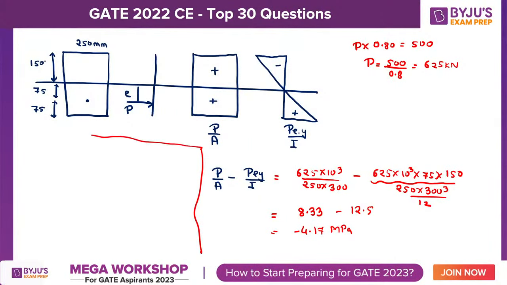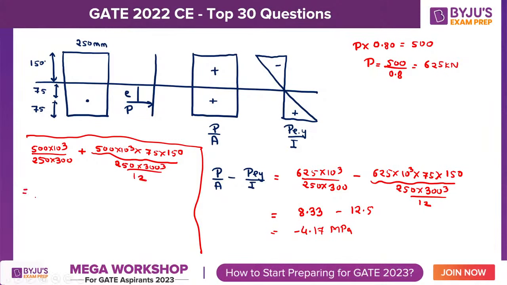So for the final value, this will be 500 multiplied by 10 raised to power 3 divided by area 250 into 300, plus P again 500 multiplied by 10 raised to power 3 multiplied by 75 multiplied by y, where y is 150, correct? Now divided by I, which is 250 into 300 cube divided by 12. Now just solve it and let me know the answer for this one.